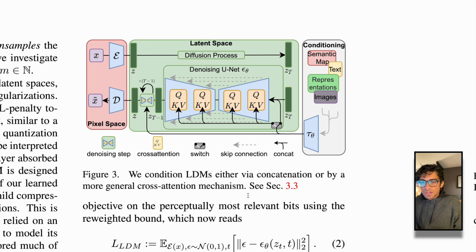What are the popular ways of conditioning a model? What does conditioning a model mean? Conditioning means during inference you provide a particular condition, and the generated object, be it an image or whatever, has to follow that condition. Let's say during training you figured out a way to generate images of 0 to 9, which is MNIST.